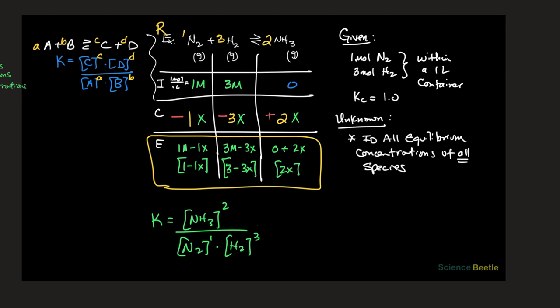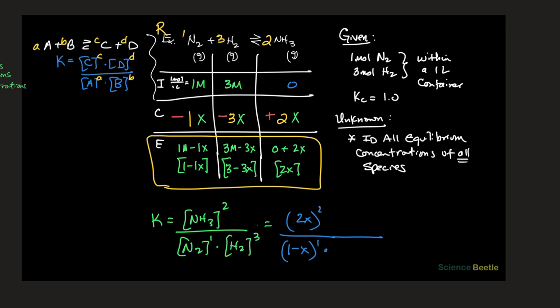So I'll just move this over a little bit and substitute the values here. For NH3, I'm going to have a 2x, and I'm going to raise that to the second power, and divide it by N2. N2's value is 1 minus x. I'm going to simplify, get rid of that 1 value, so it'll be 1 minus x, raised to the 1 power.